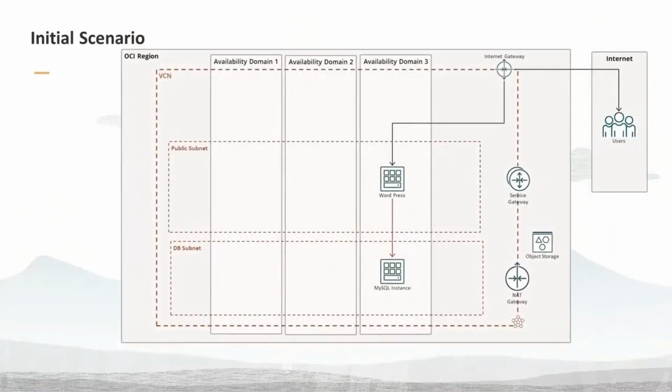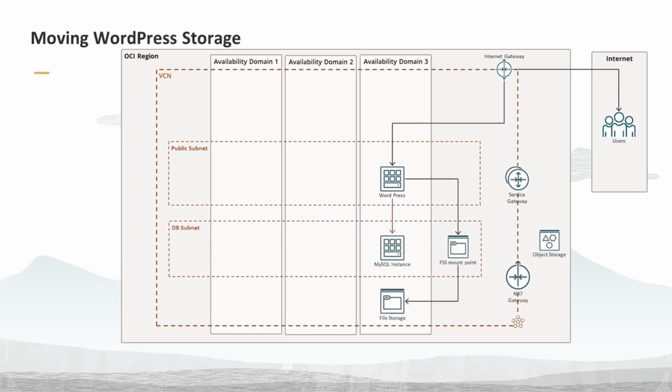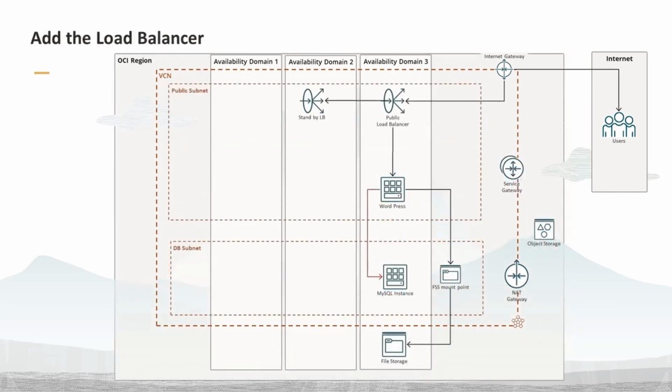We started with a WordPress system running on a compute instance, using a database also in a compute instance. The first step was to move the WordPress files to a shared storage. We used File Storage Service for that. The second step was to add a load balancer.